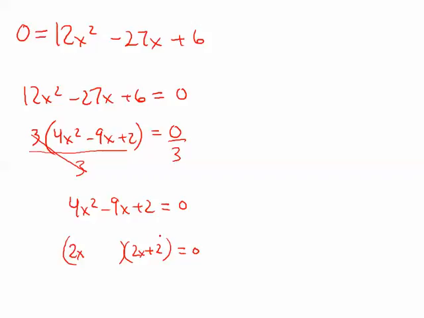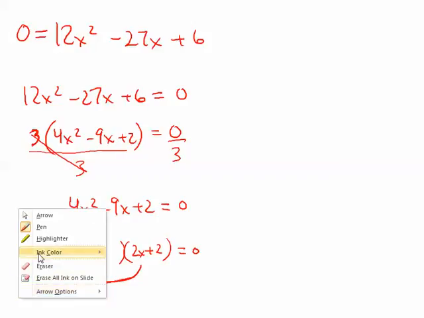This can never happen, or else I would have another factor of 2 that can go out in front. Does that make sense? After you've taken off the greatest common factor, the numbers inside each parenthesis have to be, we call it relatively prime to each other. So I would not be able to factor in another 2.